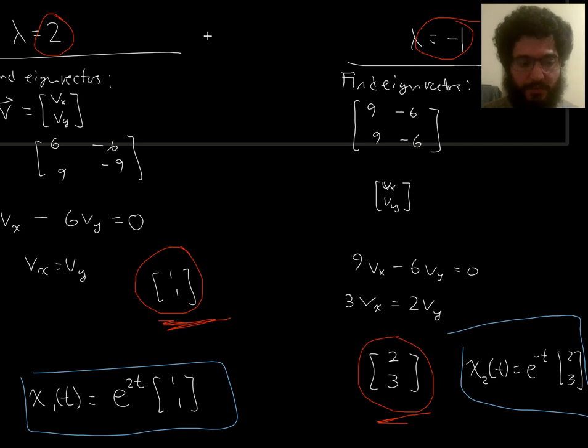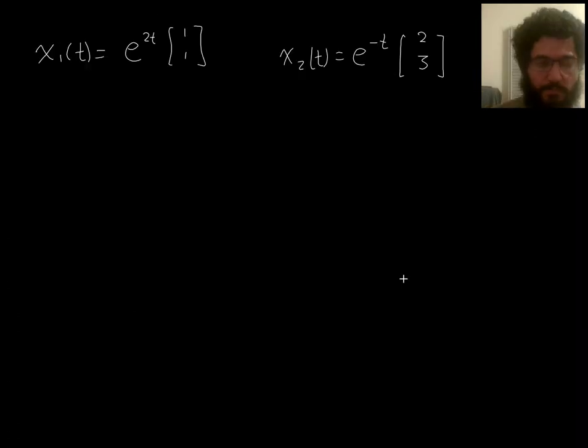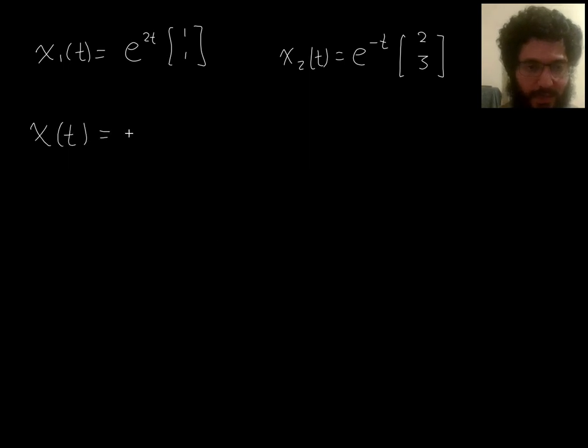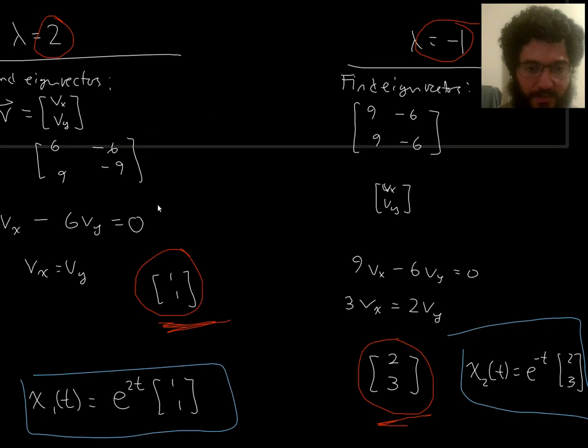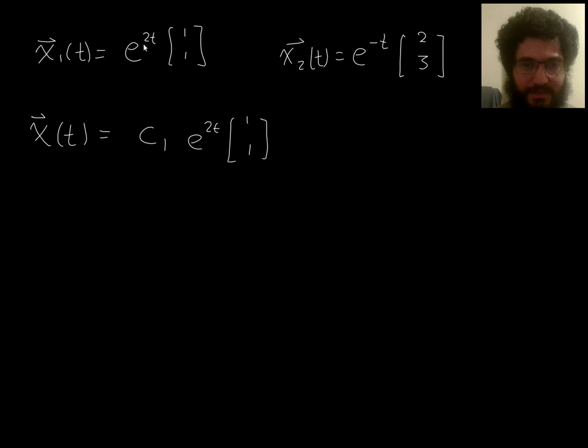So let me copy those over to a clean page. All right, here they are, and here's my general solution then. It'll be C1 times this. And by the way, did I forget the vector symbols back there? Yes, I did. These are not x's, they're x and y packaged together, right?